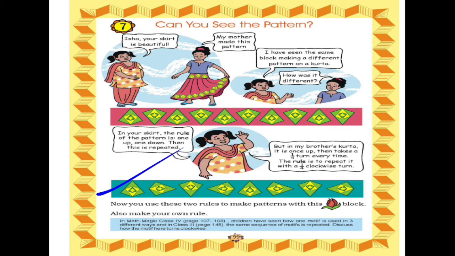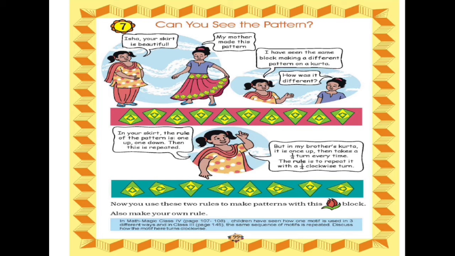One is upward and then it takes a 1/4 turn, that means it goes like this. Then again it is up, then again it makes a 1/4 turn, so it will go down. Again it takes a 1/4 turn, so it will go on the left hand side. So this way the pattern is repeating. So this is how Isha's pattern and the brother's kurta pattern were different.